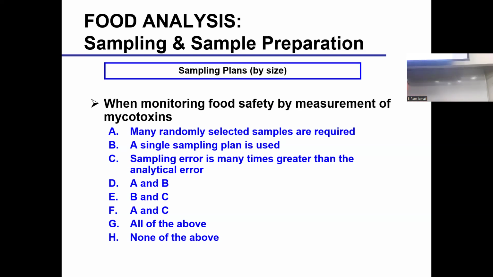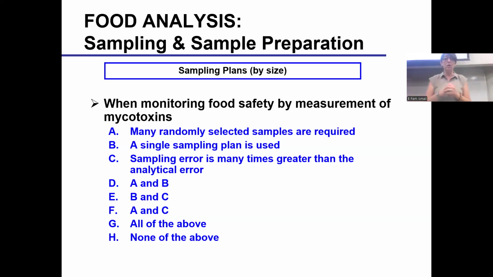A is for sure. But what about C, for example? If you have a sampling error, you are really having a very high risk of accepting something that has mycotoxin, that's a safety risk for the consumer, or potentially, well, the risk is higher for the consumer at this point.